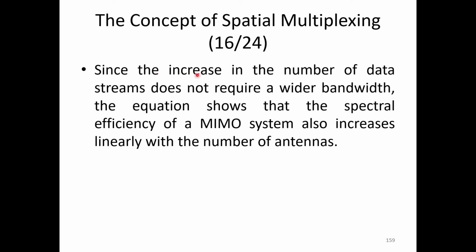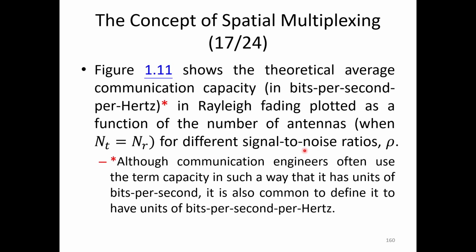Since the increase in the number of data streams does not require a wider bandwidth, the equation shows that the spectral efficiency of a MIMO system also increases linearly with the number of antennas.